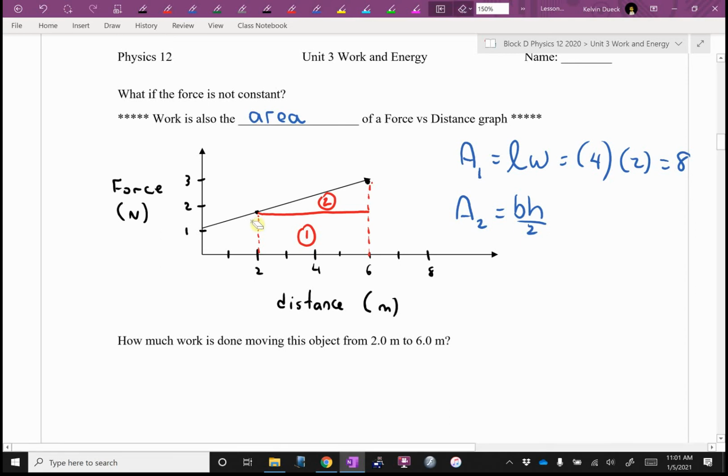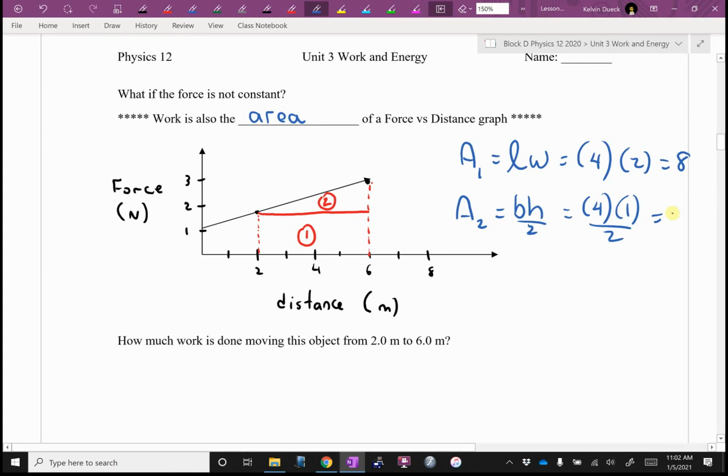What's the base of this triangle? How long? 4. What's the height of that triangle? I think the height is this right here, is it not? What's the height of that triangle? Did you say 1? Oh, I thought I heard 4. Sorry. And then divided by 2. Mark it in your head. 4 times 1 divided by 2.